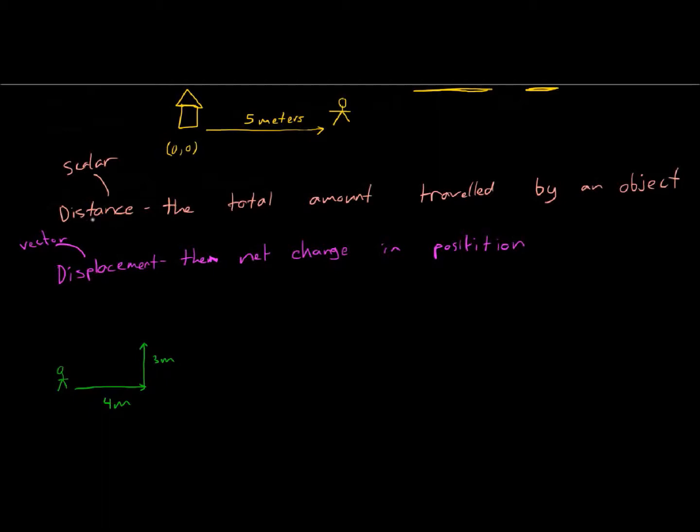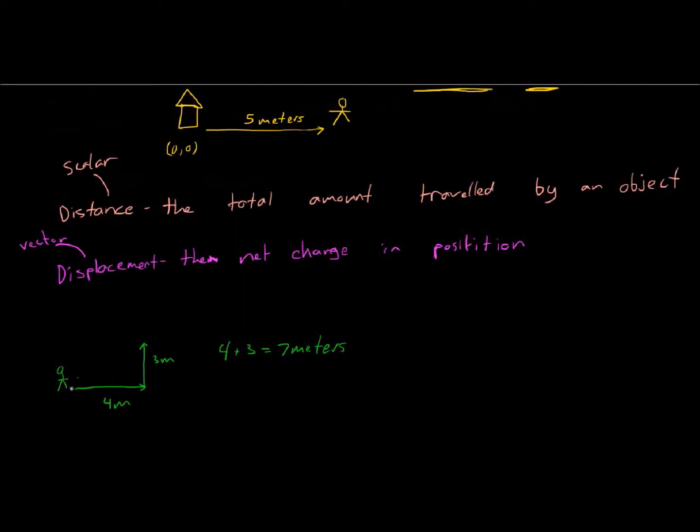So my first question is, what is my distance? Well, my distance is just the total amount traveled by me. So it's just going to be 4 plus 3, which is 7 meters. That is the distance I've traveled. Now the next question is, what is my displacement? Well, my displacement is going to be a little bit different. My displacement is the net change in my position.